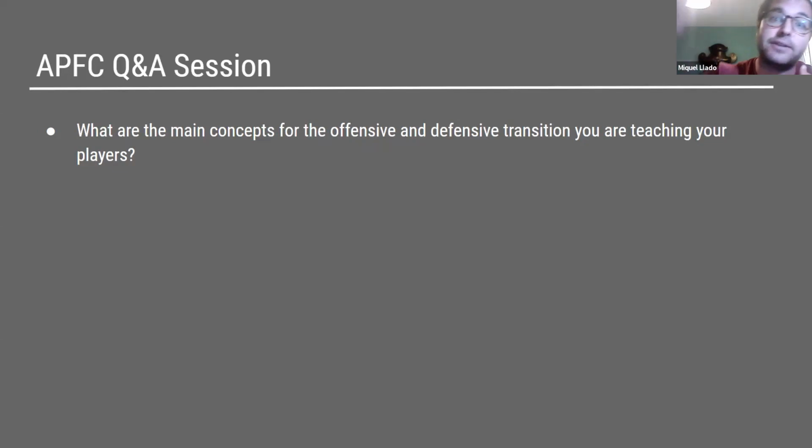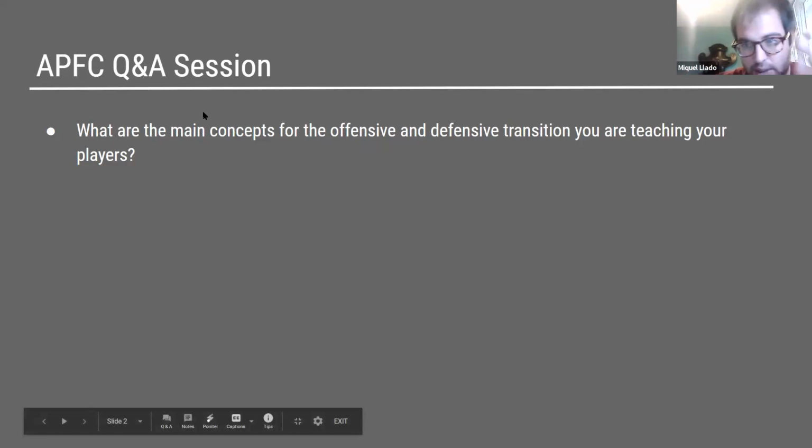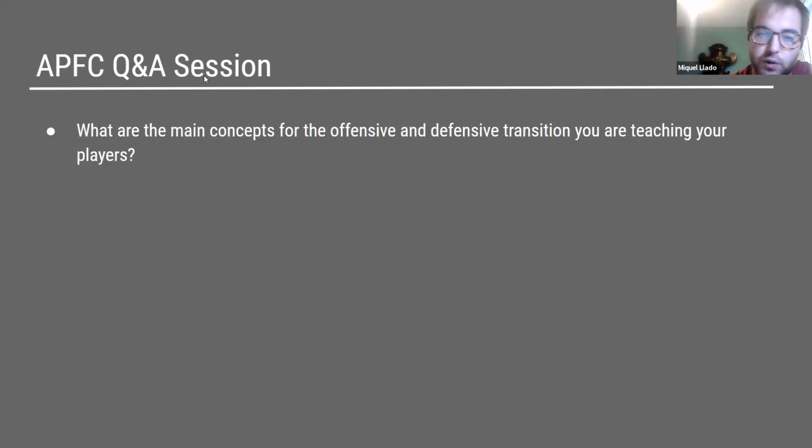So if I run to press, that's going to be effective, and my effort is going to be worth it. Basically, that's all you need to know in regards to the first question.